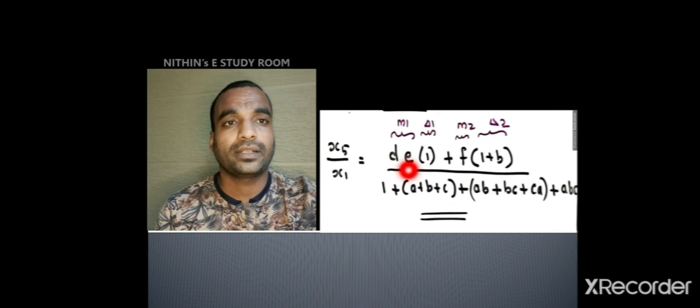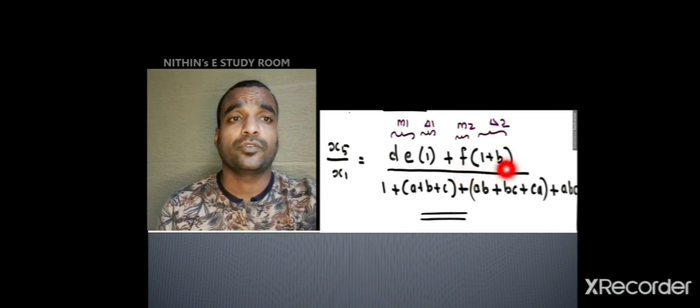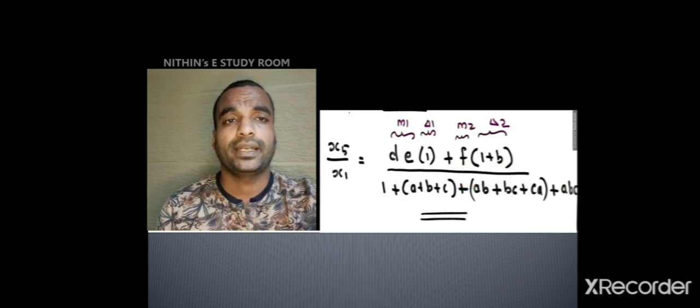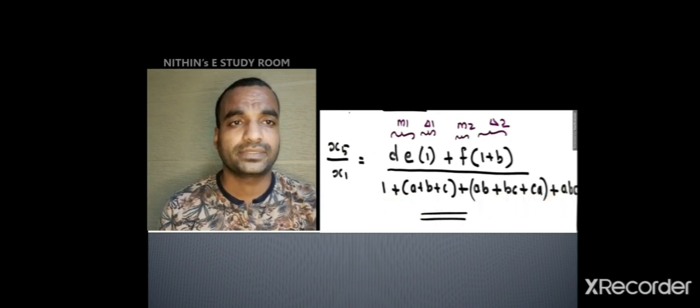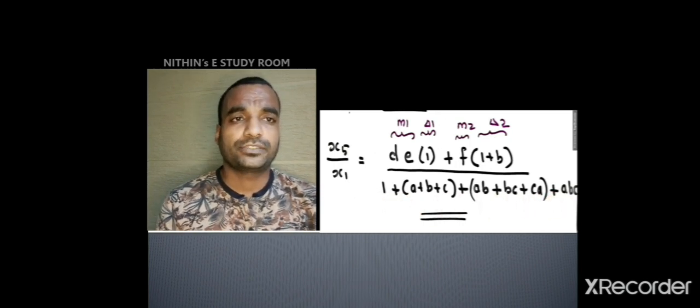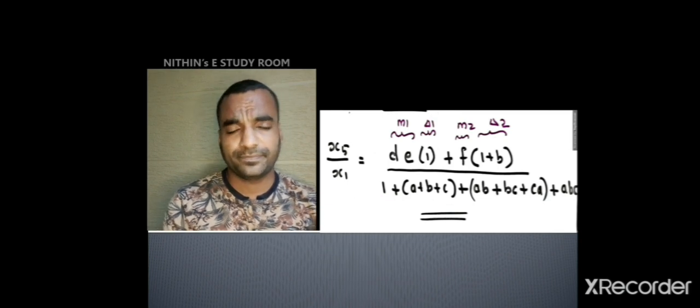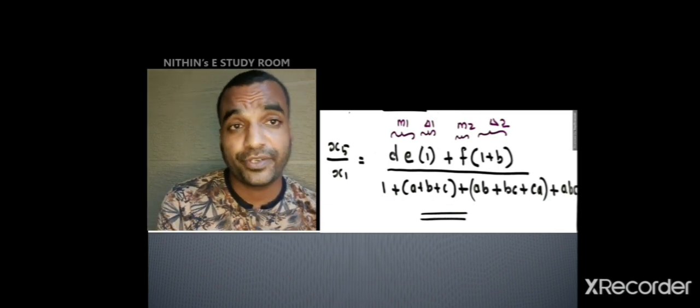M1 is nothing but dE, and delta 1 value is 1 plus... M2, the gain of the second forward path, is F, and delta we just obtained as 1 plus b. So the second term will be F into 1 plus b, and the denominator is the total delta term: 1 plus a plus b plus c plus ab plus bc plus ca plus abc. So this is x5 by x1.